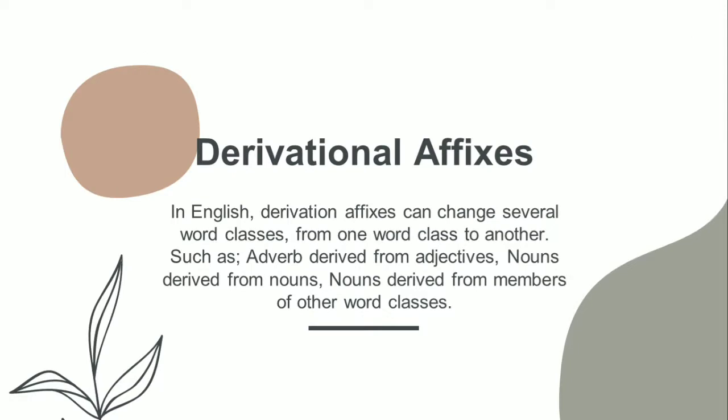Derivational affixes. In English, derivational affixes can change several word classes from one word class to another, such as adverbs derived from adjectives, nouns derived from nouns, and nouns derived from members of other word classes.